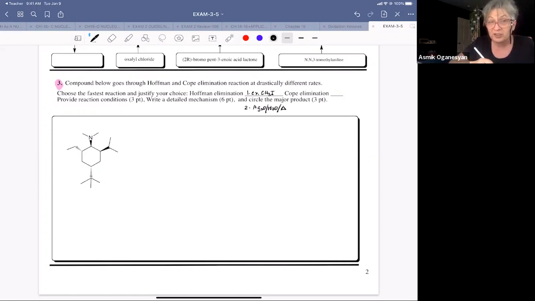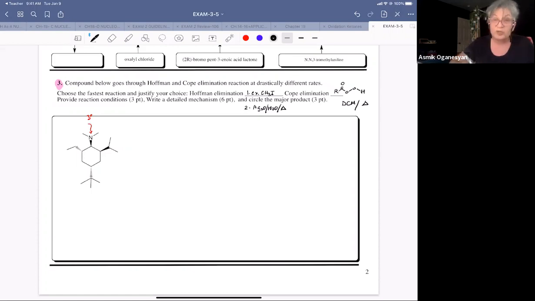For Cope elimination, actually, let's identify our amine. It's a tertiary amine. For Cope elimination, a tertiary amine is suitable. So we have peroxy acid and some DCM and some added heat.